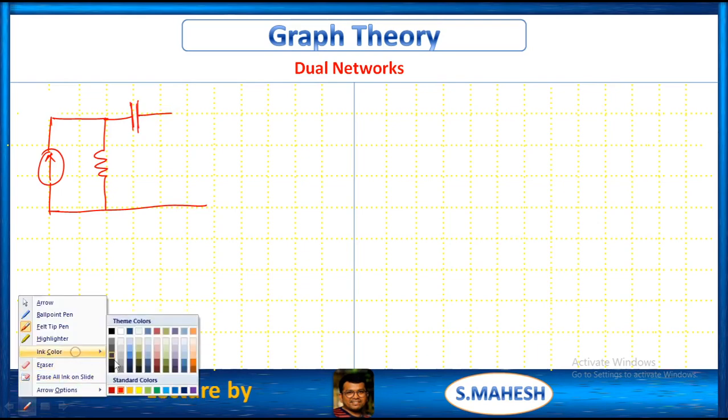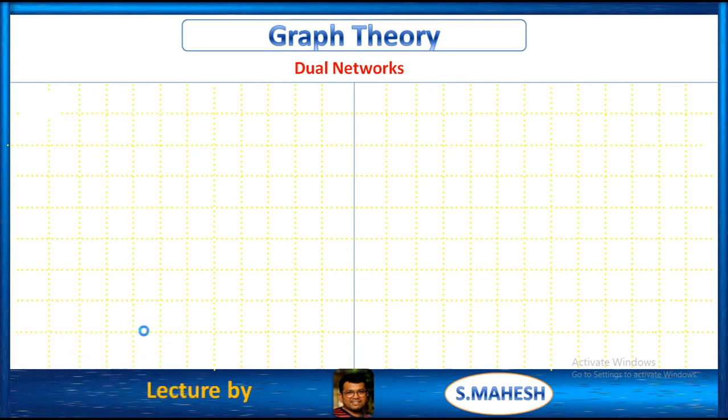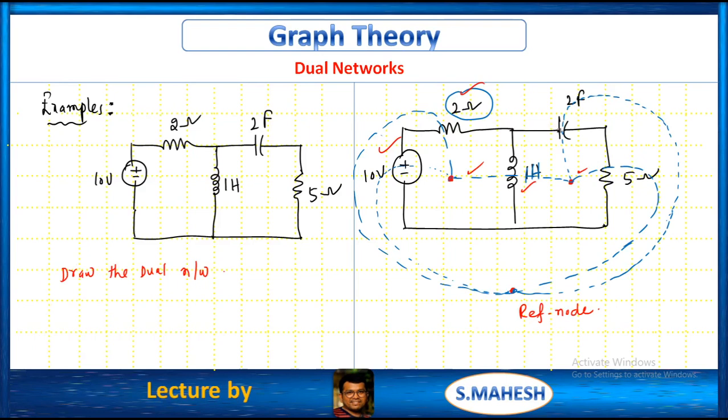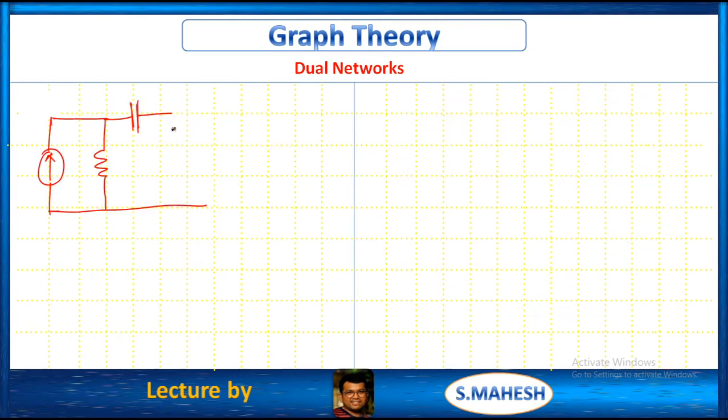Next, 1 Henry completed. Next, a 2 farad capacitor is connected in series. What is the dual of the capacitor? Inductor, which is connected in parallel. If it is series in the dual network, it becomes parallel.